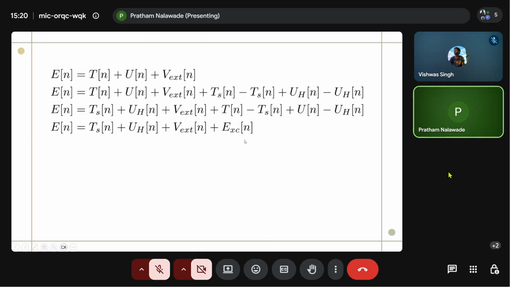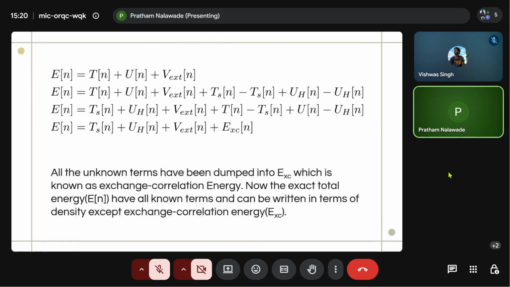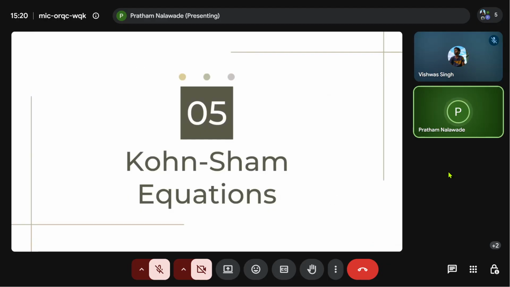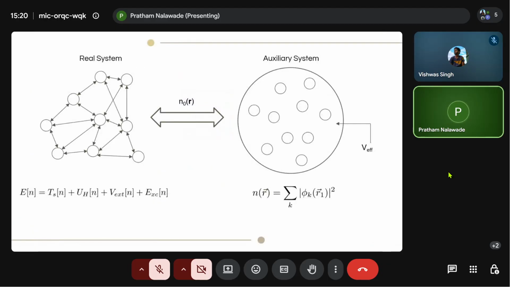So this is the energy as we know it. We will again minimize it, but now with respect to our charge density.